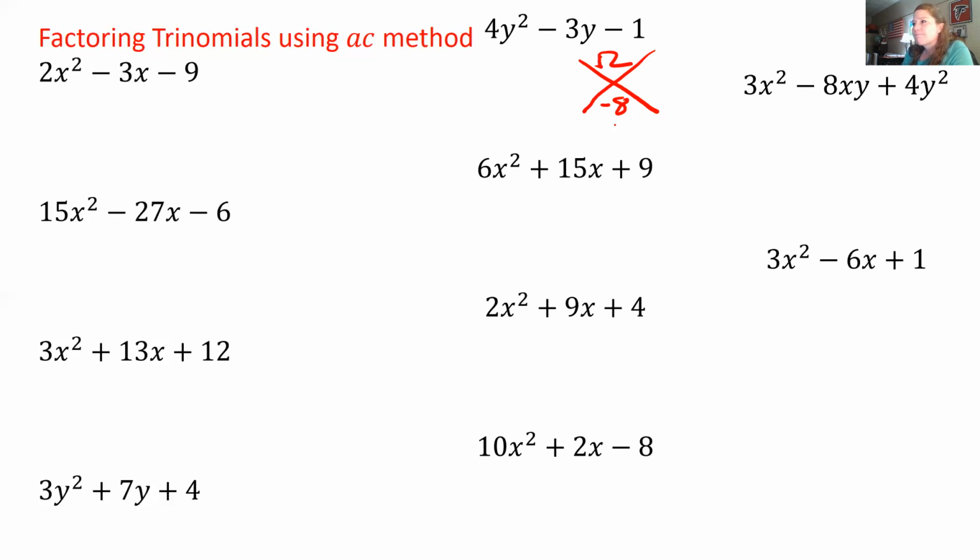Well, that would be +6 and -2, right? Nope, that can't be right, actually we need both negatives because -6 times -2 is +12 and -6 plus -2 is -8.